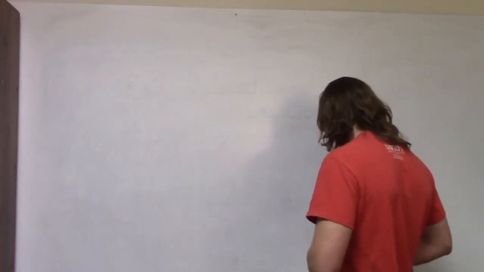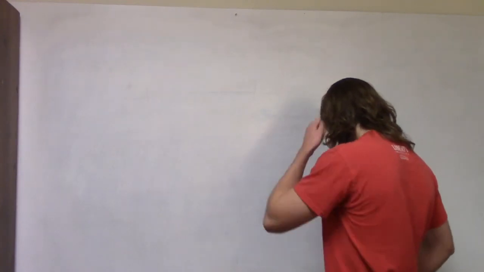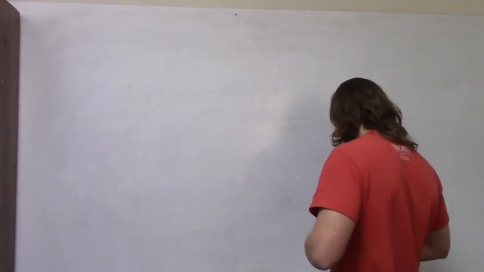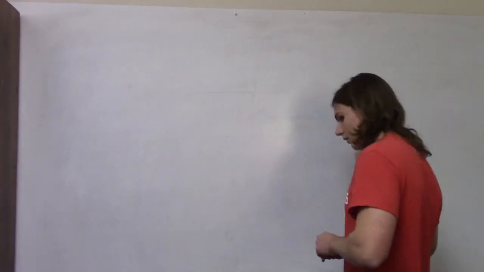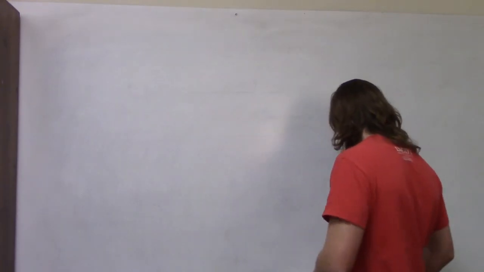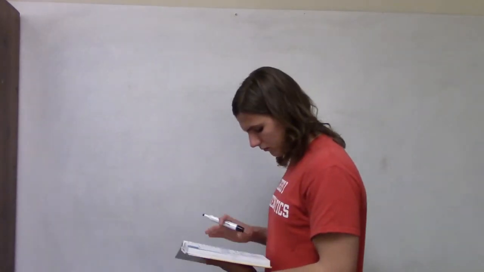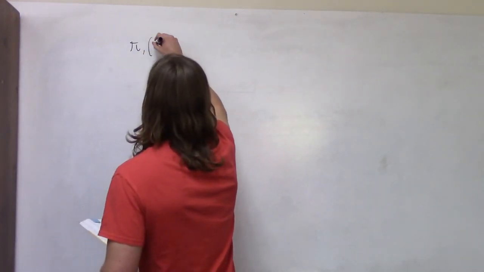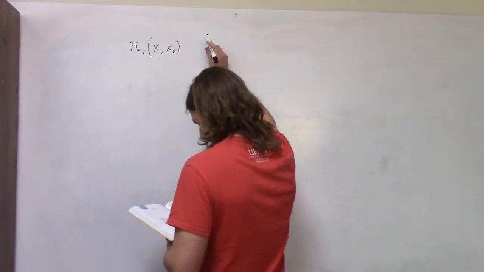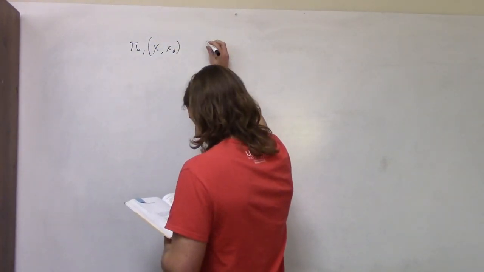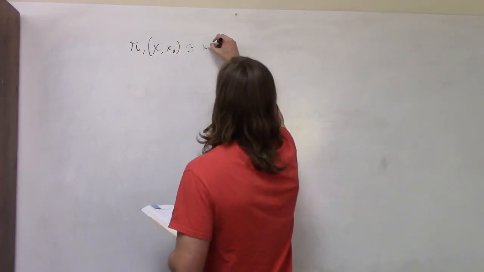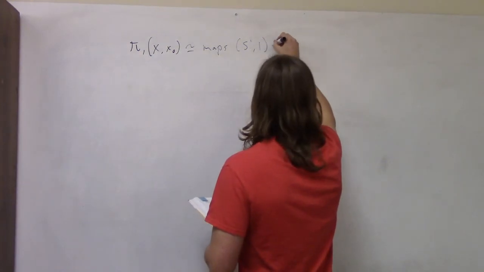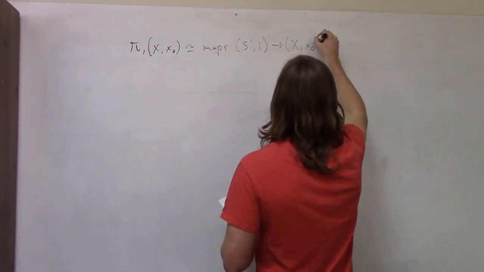Alright, so here we're looking at homotopy groups, or hopefully we'll be getting there. Basically the idea is to construct more of the fundamental group, pi 1 of (X, x naught), which can be viewed as maps from (S1, 1) into (X, x naught).